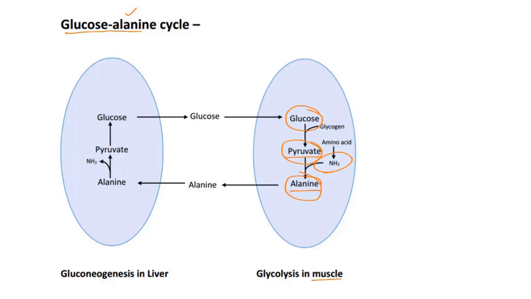This alanine is then exported to liver. In liver, alanine is again reconverted into pyruvate, and then this pyruvate produces glucose. In liver, this process by which alanine produces glucose is gluconeogenesis.